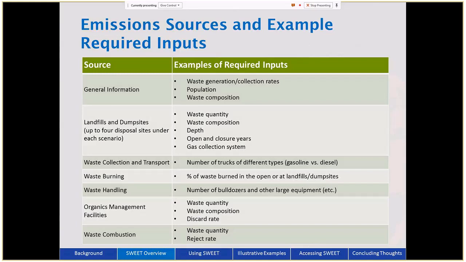So if you can estimate 5 or 10% of the waste going to the facility is ultimately rejected because it is inert waste or rocks or dirt. So those are the emission sources and some examples of required inputs. These are not all the inputs that are required, but this is a fairly representative sample of what you will see in the tool.